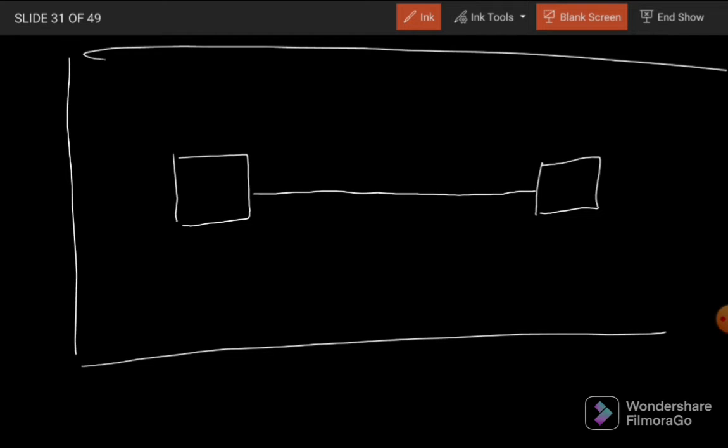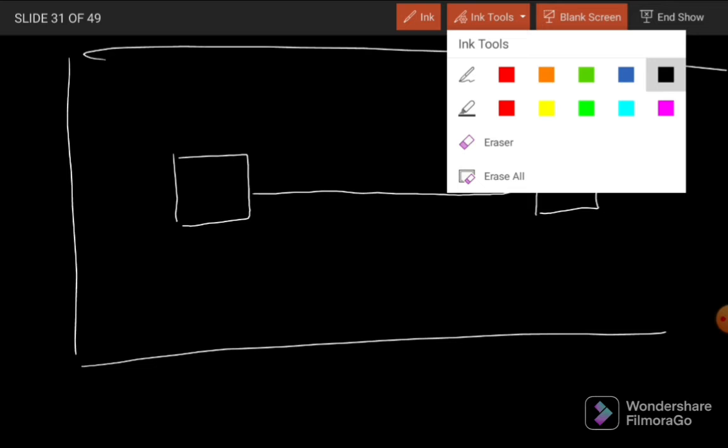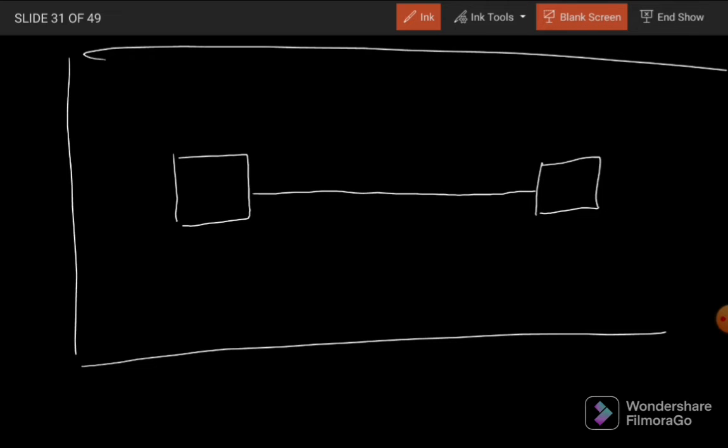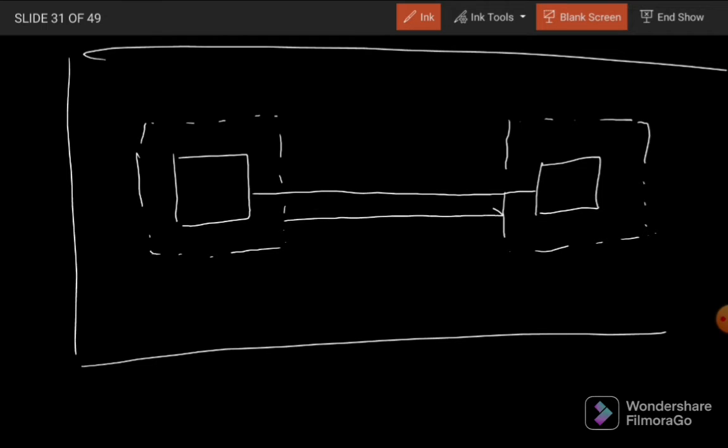But if there are drop panels, for example, like this, around the column, in that case, the clear span will be this one.